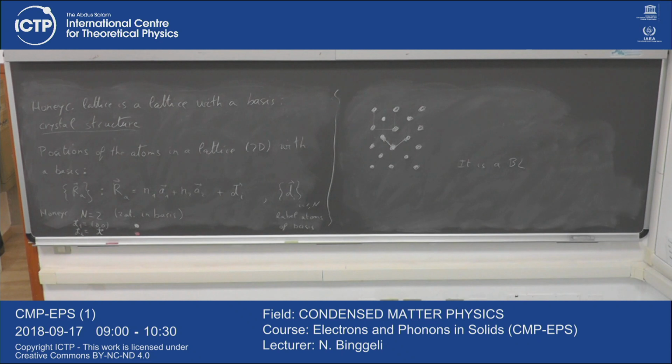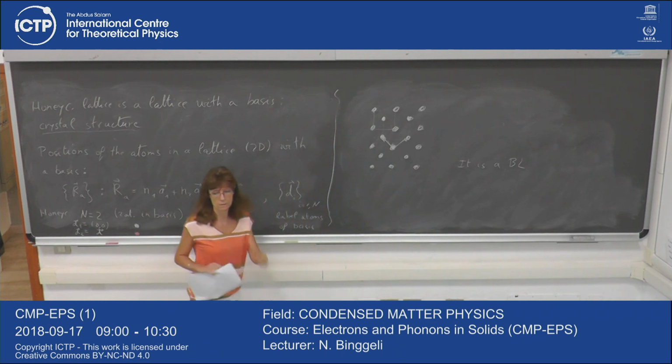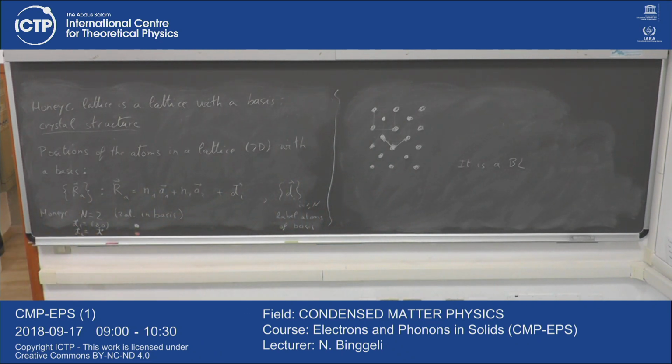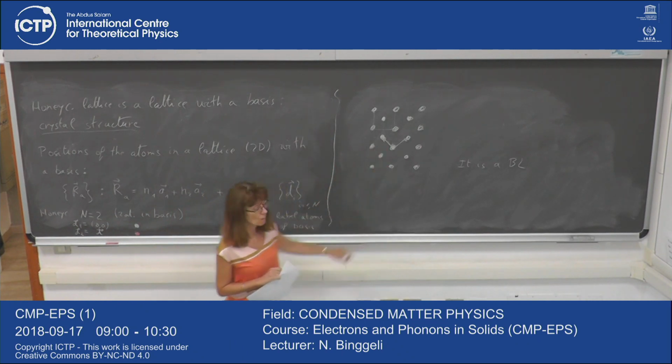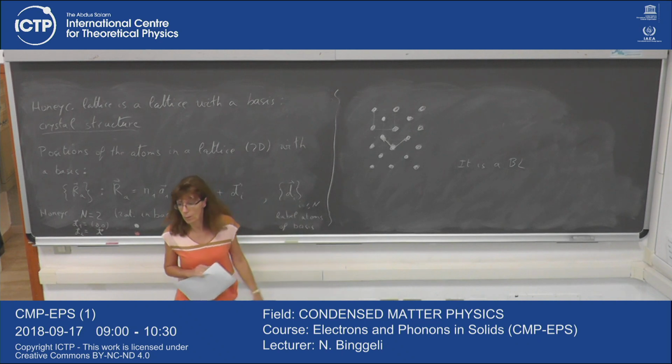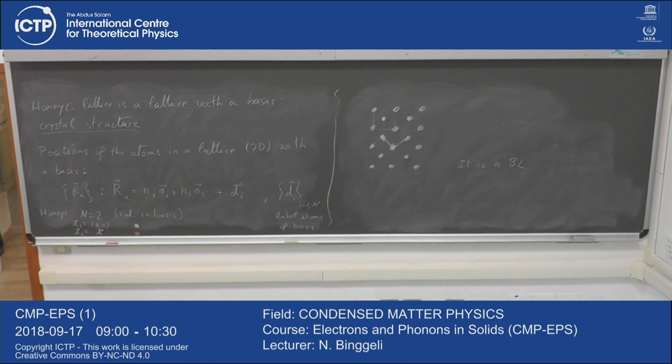The Bravais lattice is something special in the sense that it has just one atom in the basis. I mean, a Bravais lattice is a crystal structure with n equals 1, just one atom, or one point. Excuse me, yes. You call this a square Bravais lattice, but we can also create this thing and generate all the points.